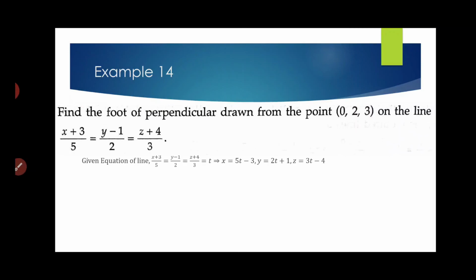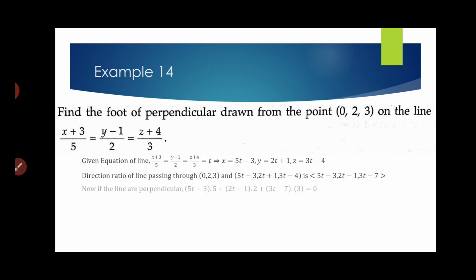So let us first find the general coordinate of the straight line. This is the general coordinate. And then let us find the direction ratio of the perpendicular, which is something like this. Now, as the lines are perpendicular, the dot product between the two direction ratios must be 0.